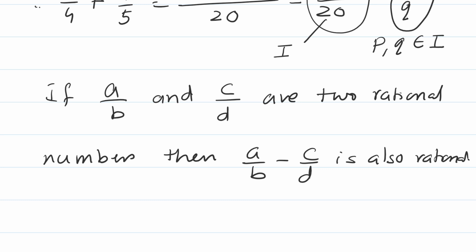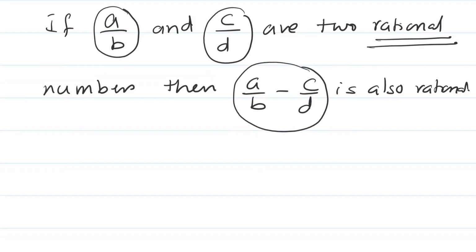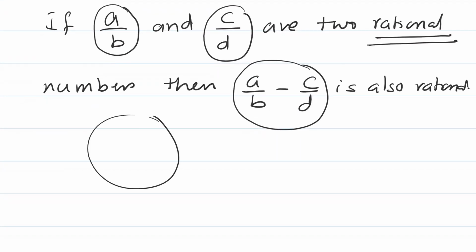So closure property of subtraction of rational numbers is, if A upon B and C upon D are two rational numbers, then their difference is also rational. Closure property is, if two elements are in the same set and if two elements are combined, then the resultant is also in the same set.